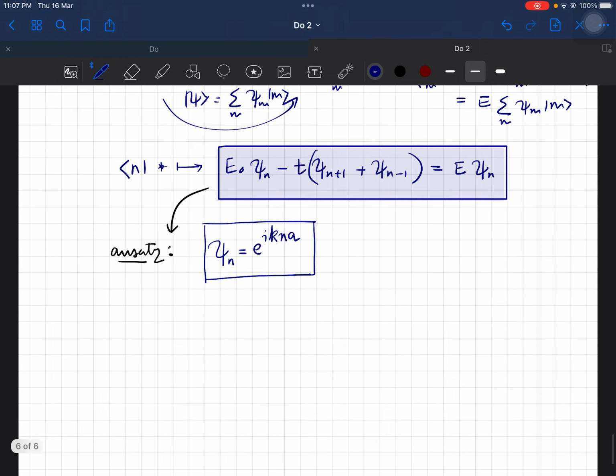Well, the ansatz is this. Why is it even this? Why is that so? That's the homework.